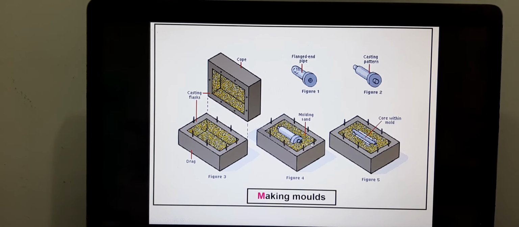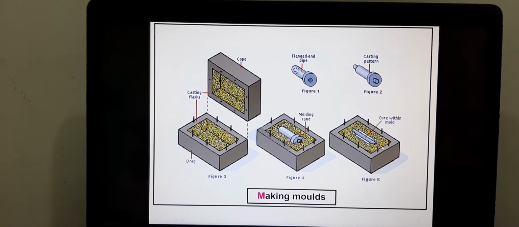You want to keep reusing this pattern over and over again. So when you remove the pattern, the shape of this pattern has already been embedded in the sand. Same thing in this drag half. In the cope half, the shape of the pattern has been embedded in the sand.